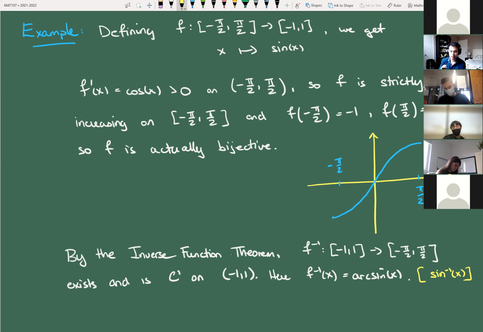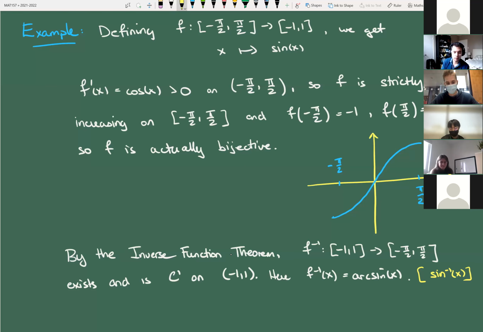I don't like that notation. I think this notation can be confusing and lead to issues, especially since this does not really obey the exponent rules that you want. So in this class, I will always refer to these inverse trigonometric functions as arc-whatever, right? So arcsine is the inverse of sine, arccosine is the inverse of cosine, and so on.